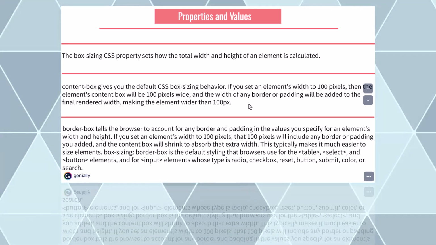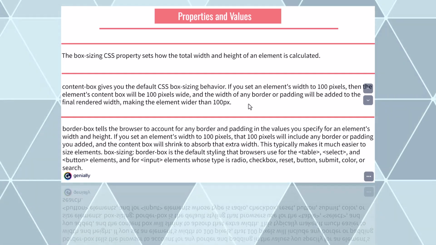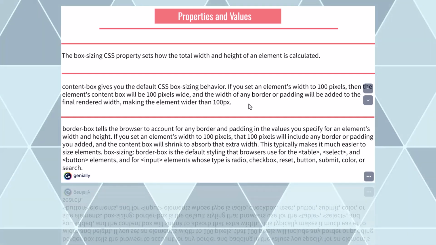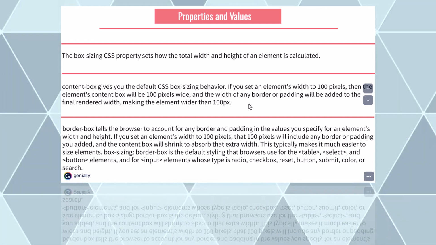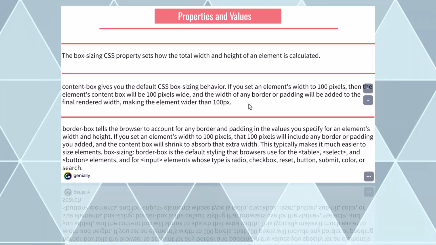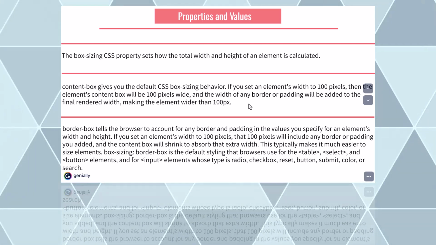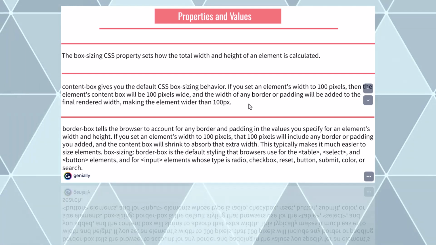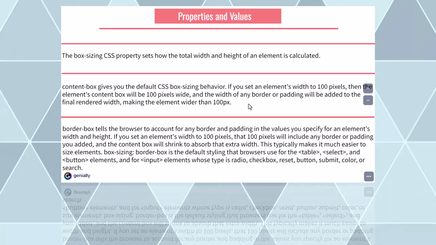Look at the border. If you take the border and measure it again, it's not 50 pixels, because let's say this side, the border is 10 pixels. 10 pixels. So what is the final size of the box? 60 pixels.